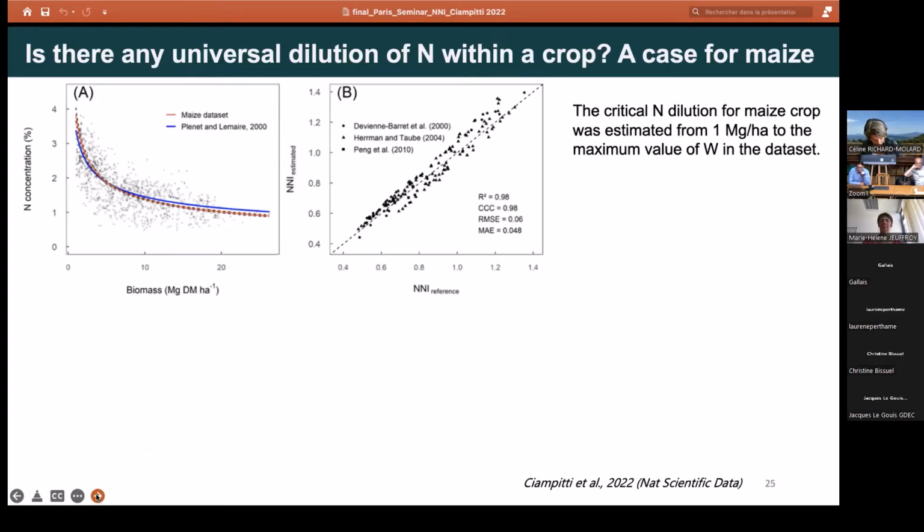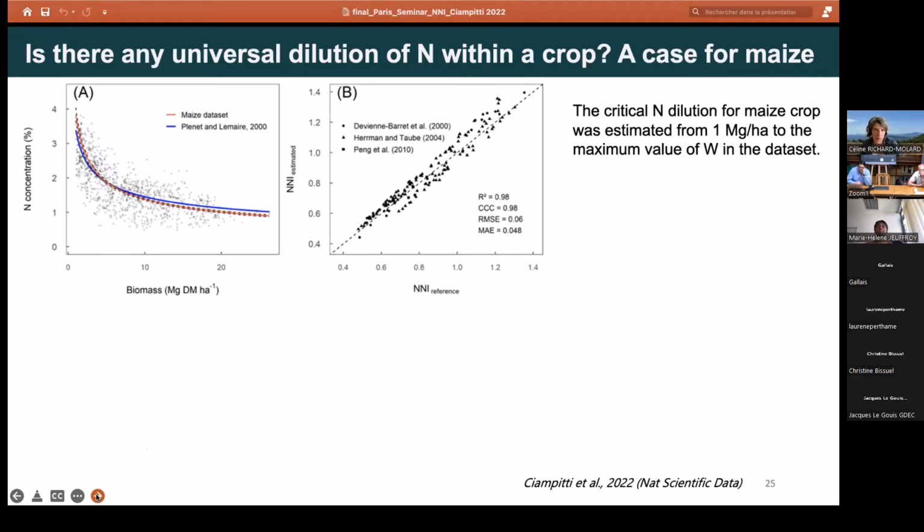And we confirmed not only that the data set for maize is universal. If we look at the data from Plenel and Lemaire, we still use those data just as a benchmark, and it shows in many situations that there is very minimal deviation between a universal model, using all the data, and the model fitted by Plenel and Lemaire.